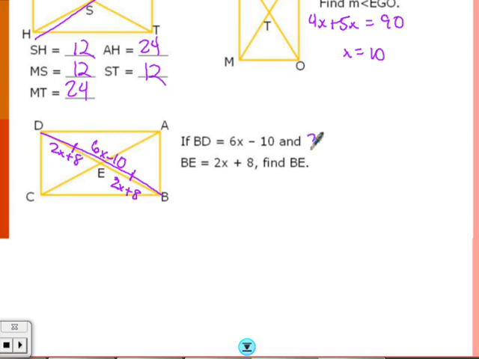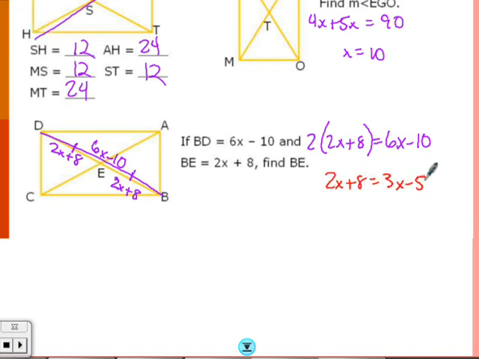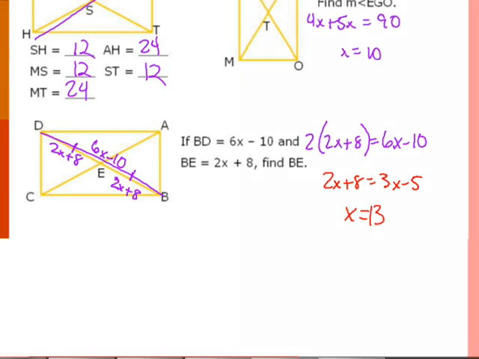So I can say 2 times 2x plus 8 equals 6x minus 10. If I divide both sides by 2, I'm left with 2x plus 8 equals 3x minus 5. If that's confusing to you, the algebra there, please talk to your teacher about it. And x equals 13. Let's take a look at some more.